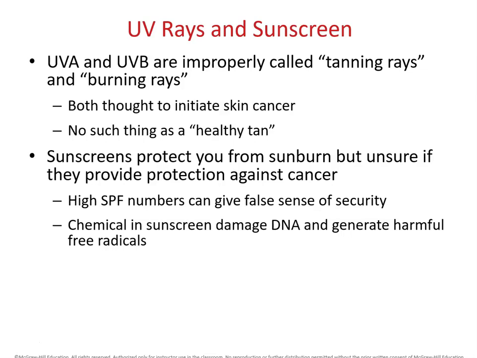There's also some evidence that sunscreens aren't as great at preventing cancer as we once thought. It's especially dangerous when we get super high SPF, SPF 50, SPF 75 from CVS or Walmart, wherever we're buying sunscreen. And we feel like we have great protection from sunburn and skin cancer.